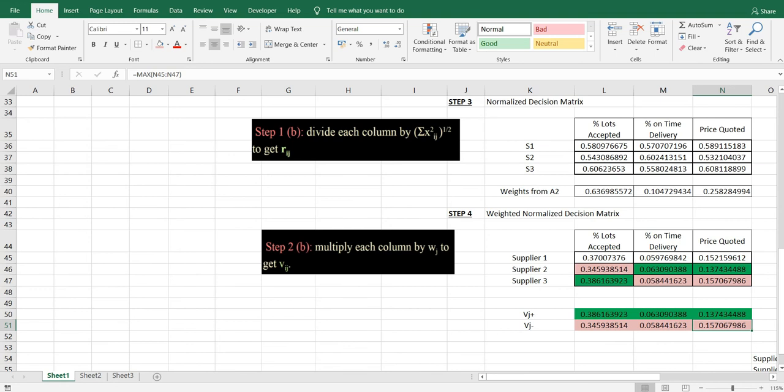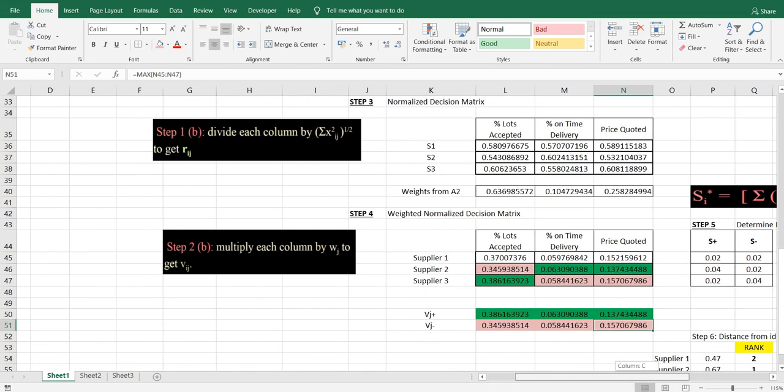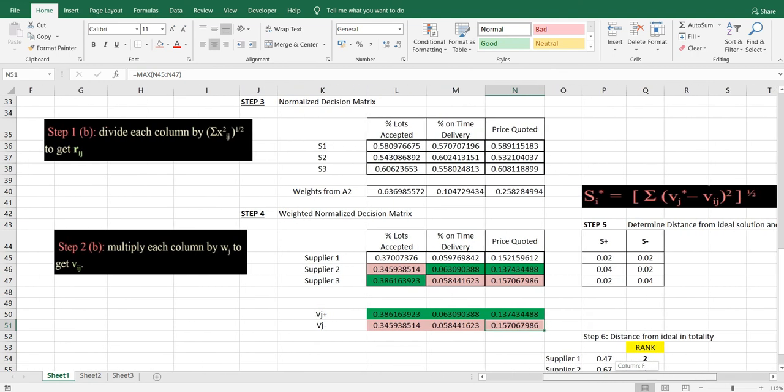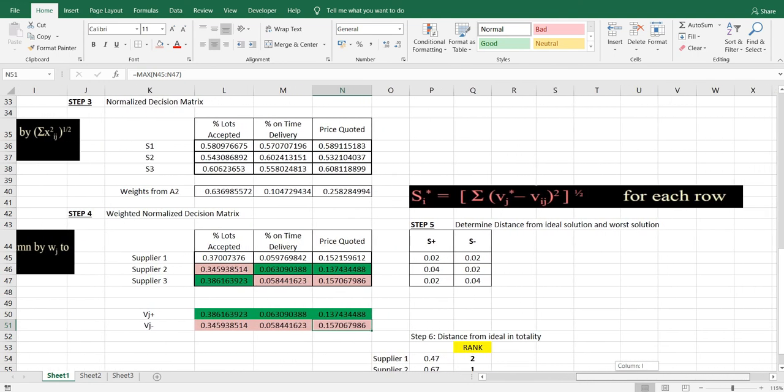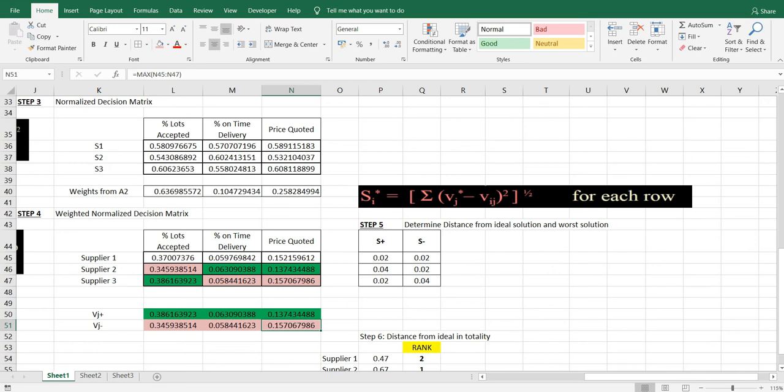Now the next step, you have to calculate the distance from the ideal solution as well as the worst solution. This is represented by S1 plus and S1 minus.